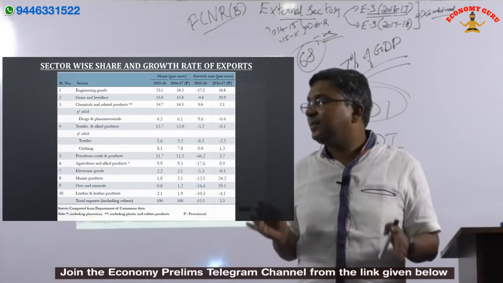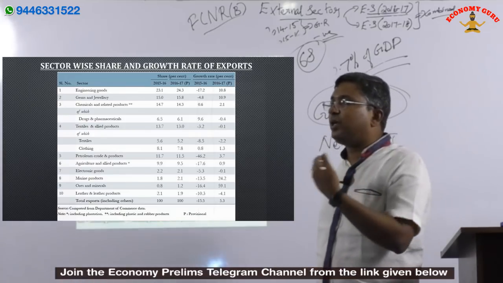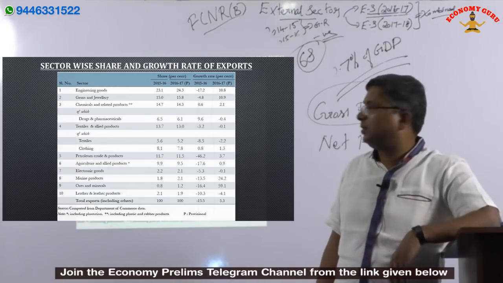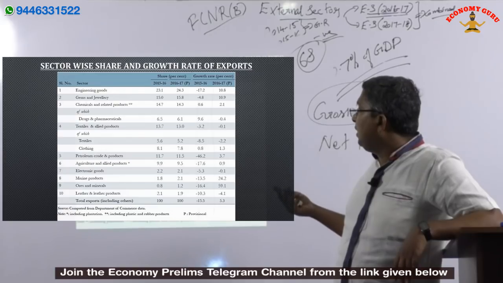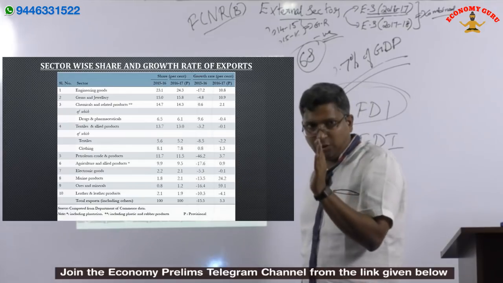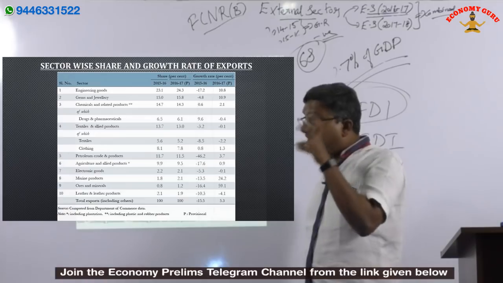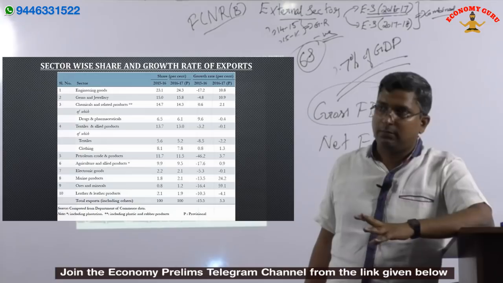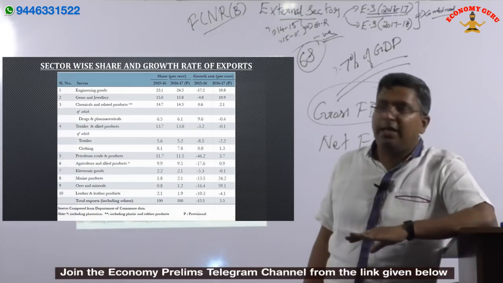Try to understand that for the poor countries, India is a major exporter in the form of generic drugs. Then textiles is fourth, fifth only petroleum. So in the top 5, petroleum products are there. In the exports, petroleum comes 5th, followed by agriculture. So there are 6 major export sectors, and the 6th one is agriculture and allied products.